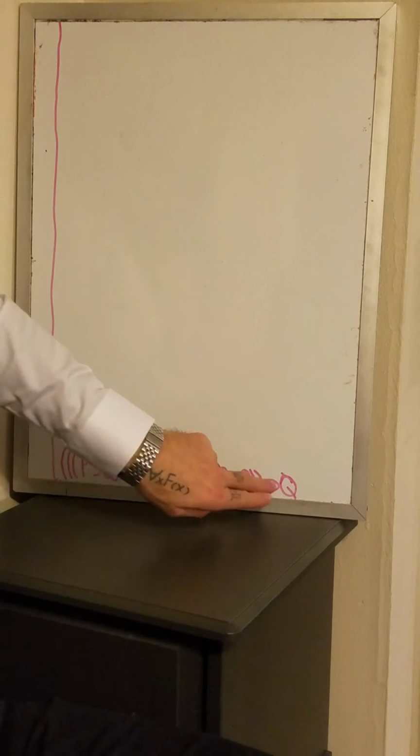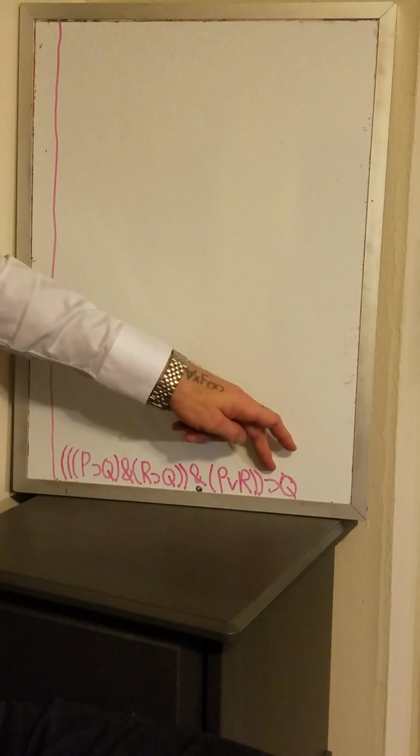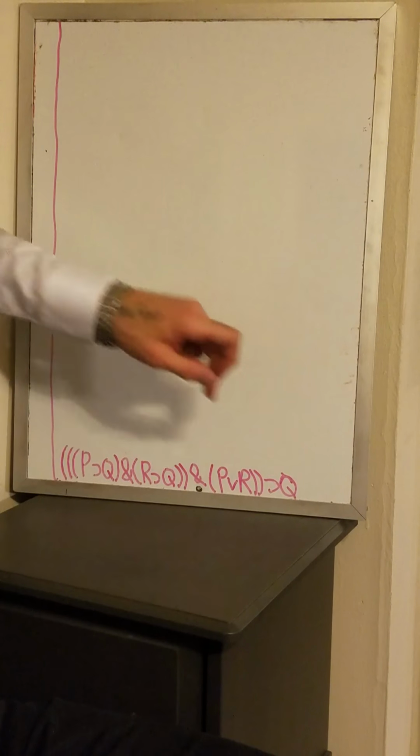And again, the overall form of this thing that we're trying to prove, the main connective is a conditional. So we should start the same way we would usually start trying to prove a conditional, which is to assume the antecedent of the conditional. So we need to bring all of this up here and start a new subderivation.